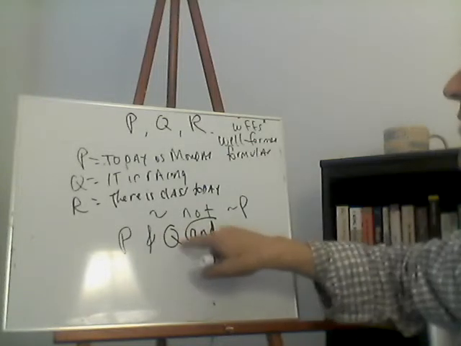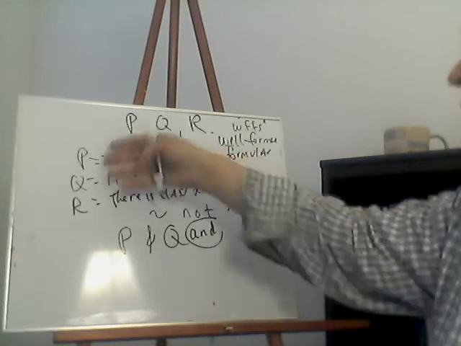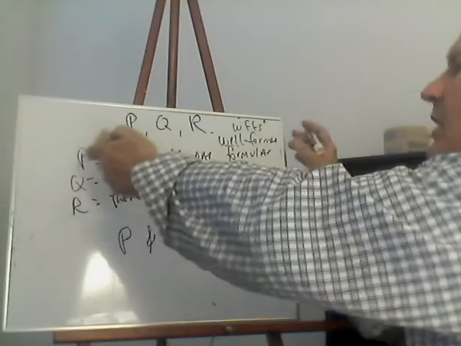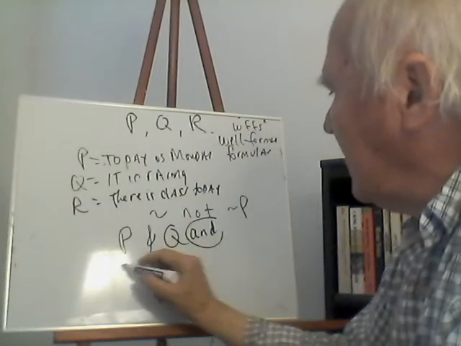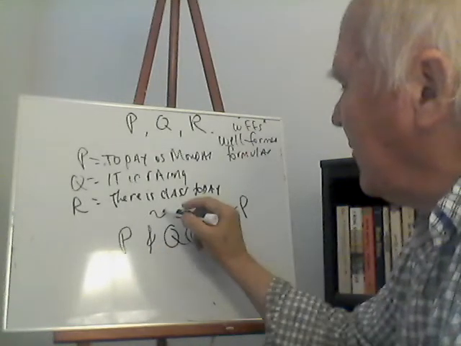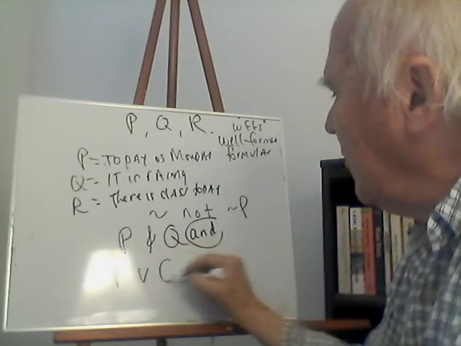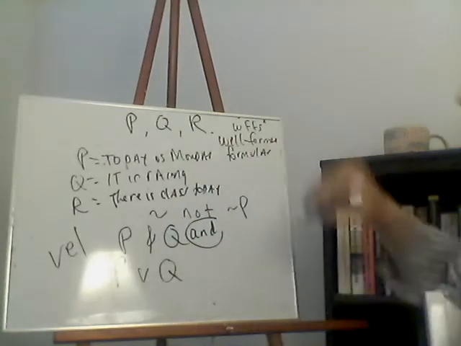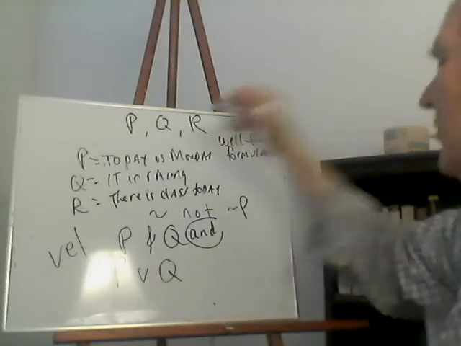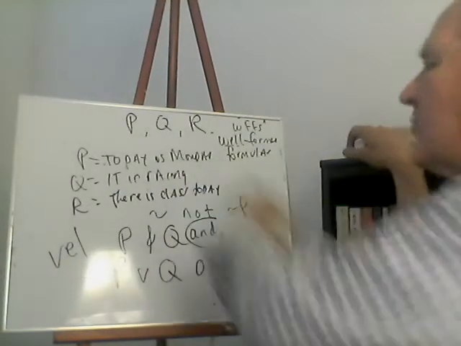So P ampersand Q would stand for today is Monday and it is raining. The other symbol we can use would be P, V, a small v, Q. That's called the vel, or symbol. Vel in Latin means P or Q. So P or Q would mean today is Monday or it is raining.